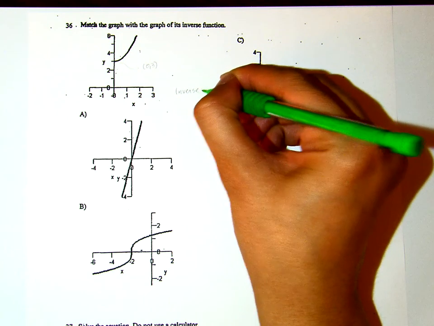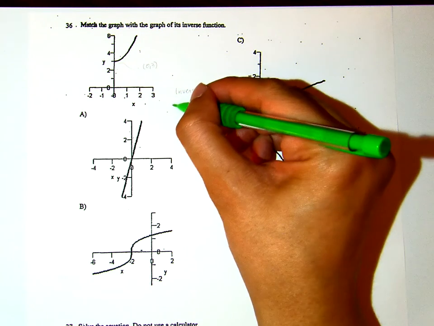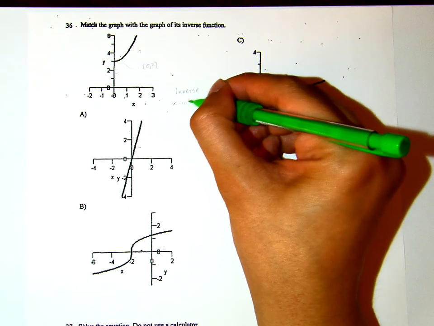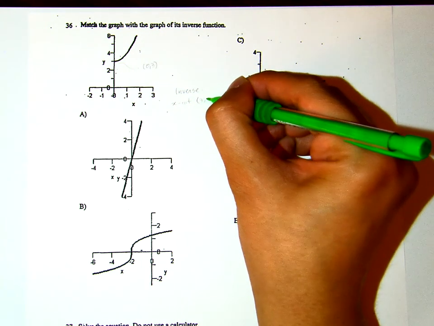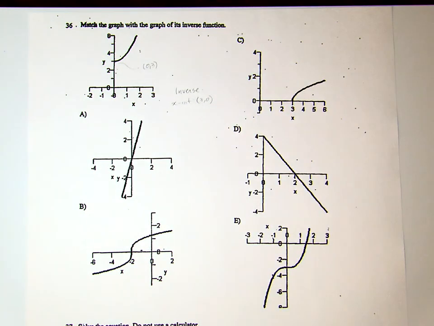must have the x-intercept 3,0. Okay, the inverse has x-intercept 3,0. Here's the thing: when we do inverse function, it's basically reversing the x and the y.